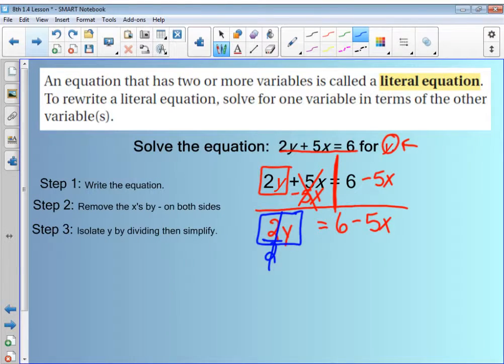So divide by 2. Now, here's the part that's a little bit different. You guys are just used to going over and there's one number on the right-hand side. Well, now we've got 2 terms. So we're going to have to divide each of these by 2. Now, I know if you look in the book, they would have it actually look like this. Instead of having them individually, they would write it out like this.